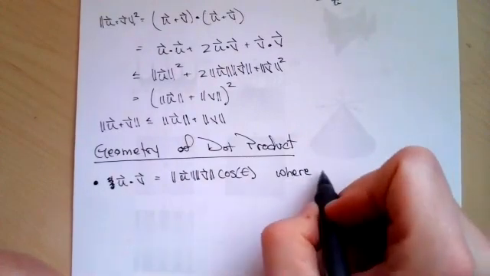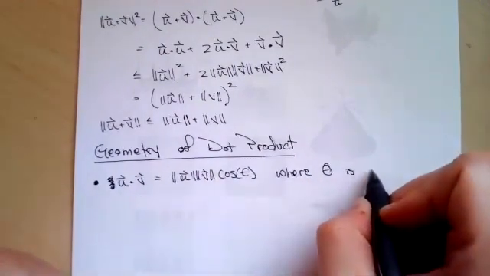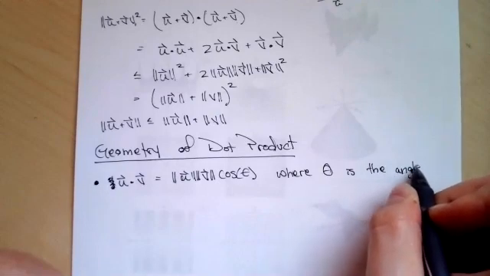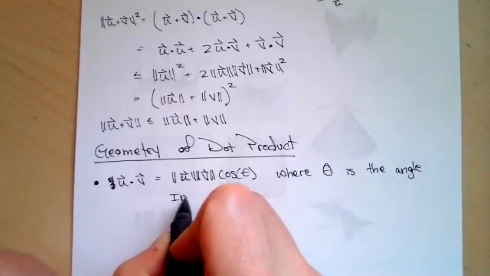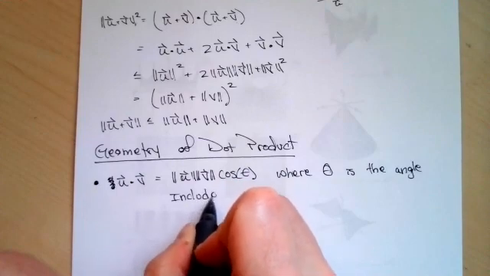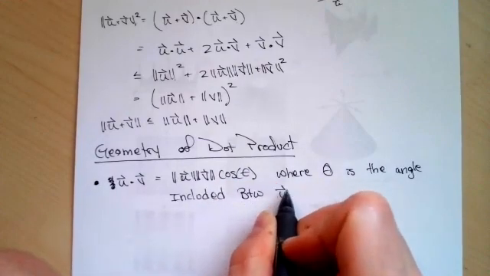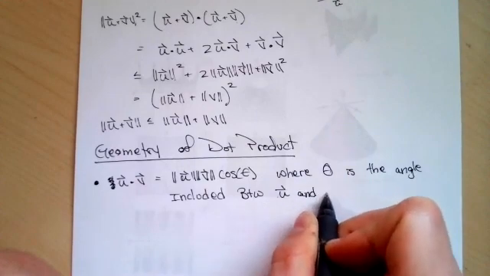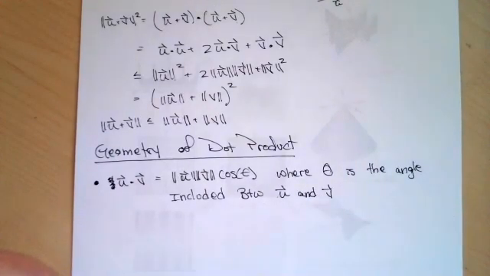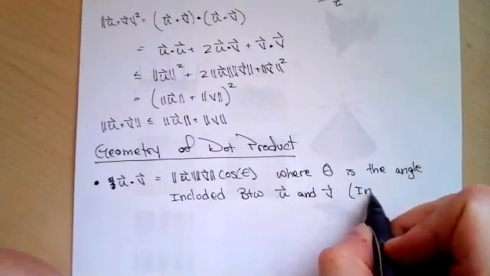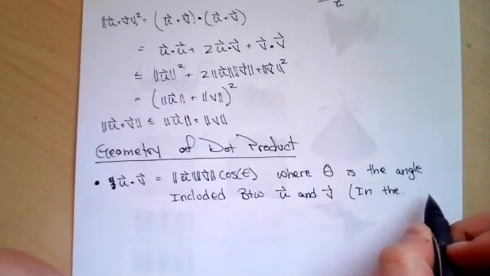where theta is the angle included between u and v in the plane they define.